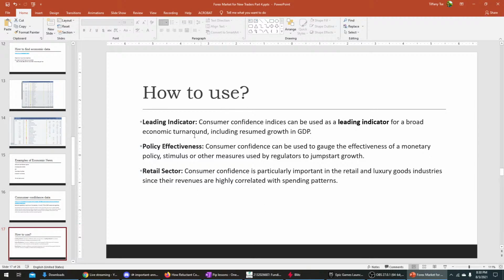So we talked about the consumer confidence index data. It's a leading indicator for policy effectiveness, and it also reacts with the retail sector, because where do you buy your stuff? You buy it on Amazon or some other store.